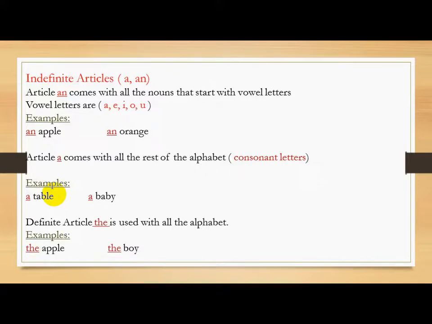A, E, I, O, U. So if I find any noun starts with the vowel letters and I want to put an article, I will put an, like an apple, an orange. But the article a will take all the rest of the alphabet, which is the consonant letters. For example, a table, a baby. For the definite article, it's the, and it is used with all the alphabet. For example, the apple, the boy.